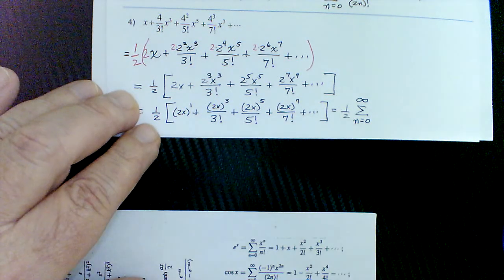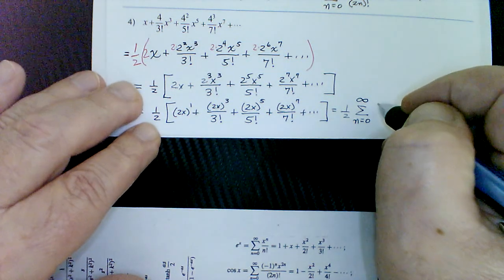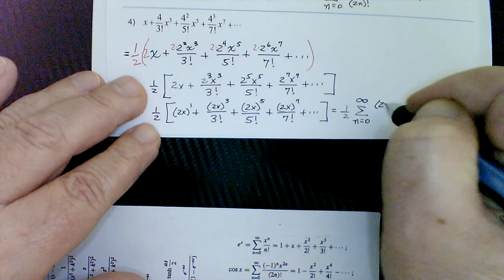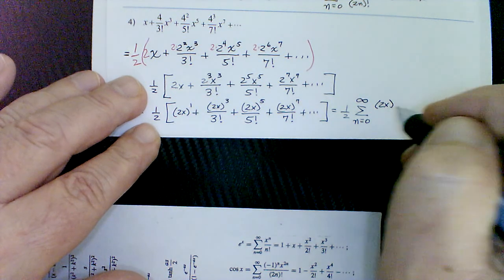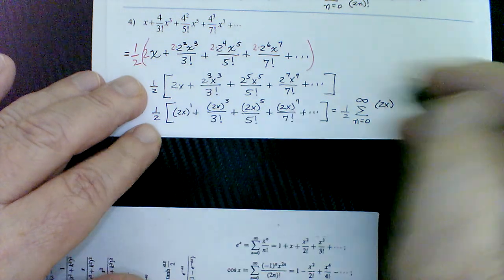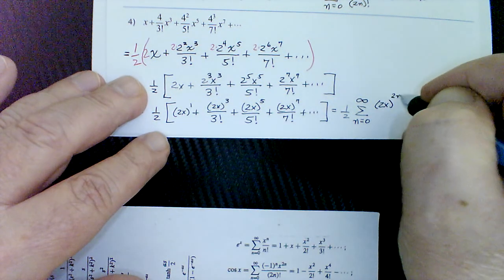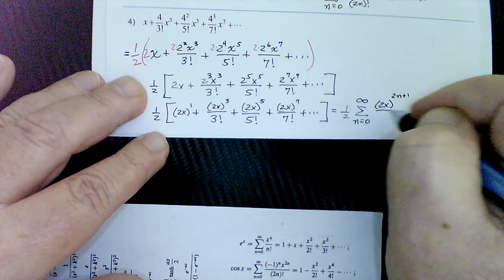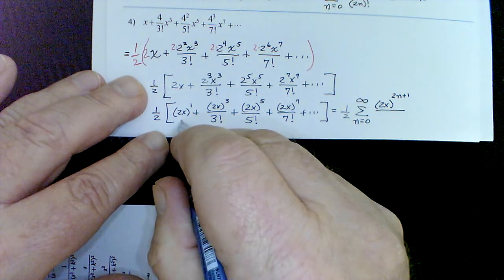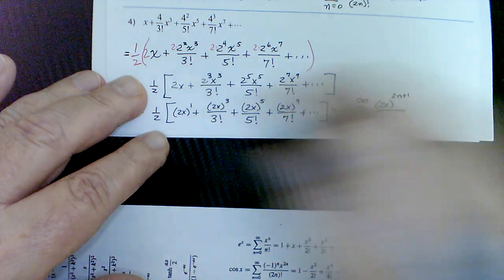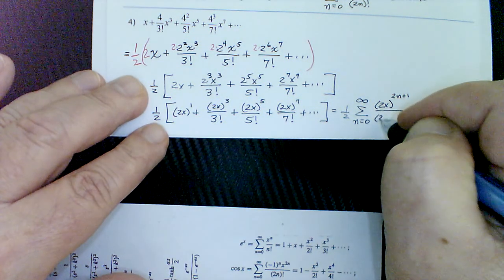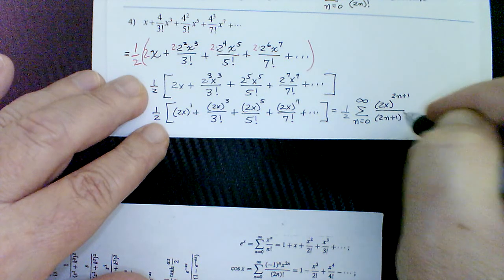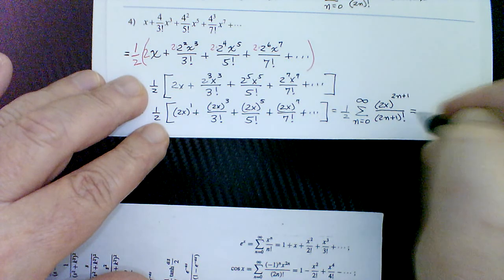So without looking at the cheat sheet yet, I'm just going to try to do this with a firm understanding. Odd powers, 2n plus 1 over odd factorials. There's really a 1 factorial under this 2x. So 2n plus 1 is a quantity factorial.